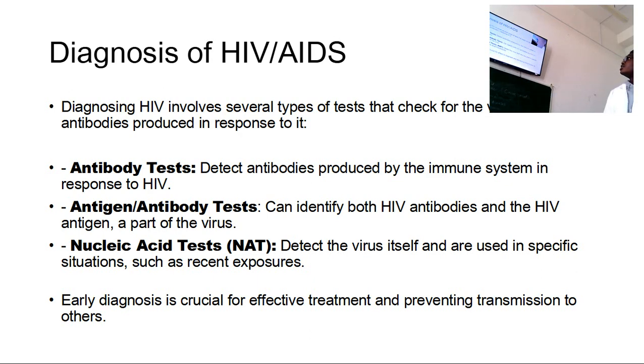And then the last test is the nucleic acid test, which detects the virus itself and is used in very, very specific situations, such as recent exposures. Early diagnosis is also very, very crucial for the effective treatment of a patient and preventing transmission to others.